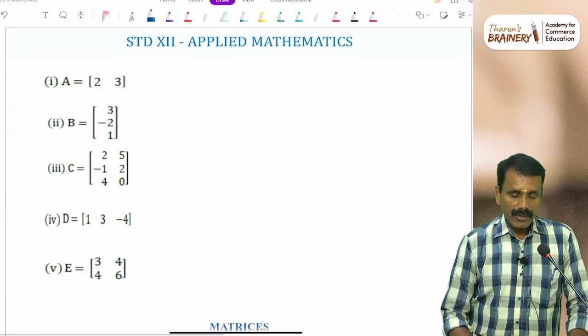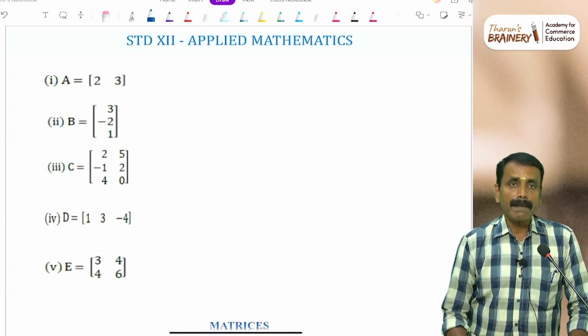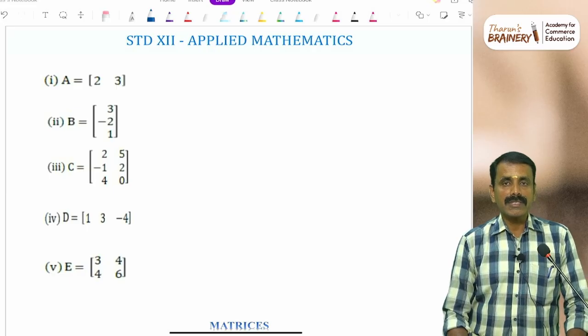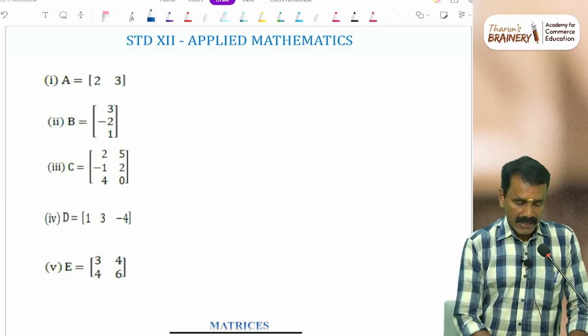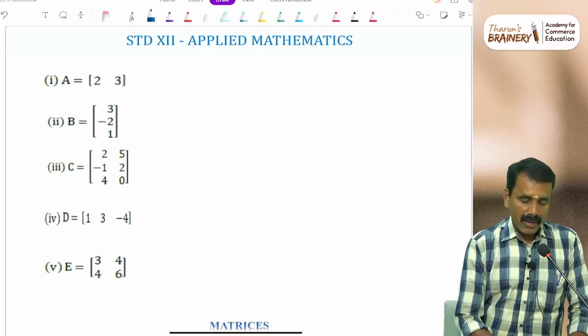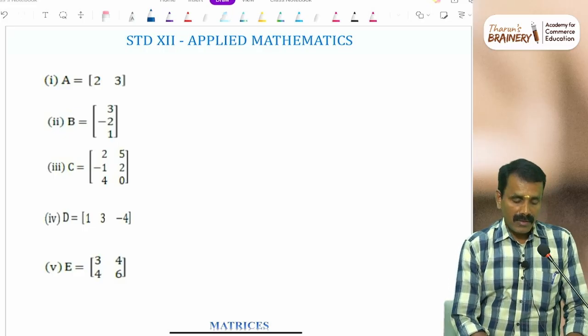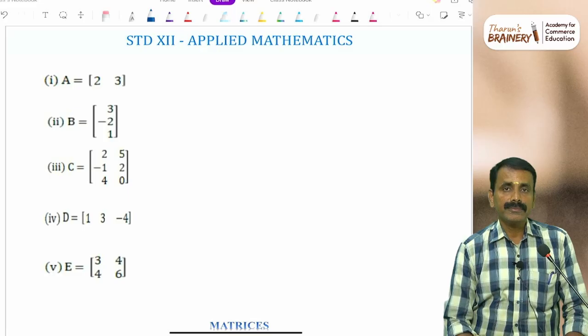In these problems, we are going to identify the type of matrix and additionally, we are going to find the order of the matrix also. Is it clear? Let us start. The first question, A is equal to the matrix with elements 2 and 3. What is the type of the matrix?